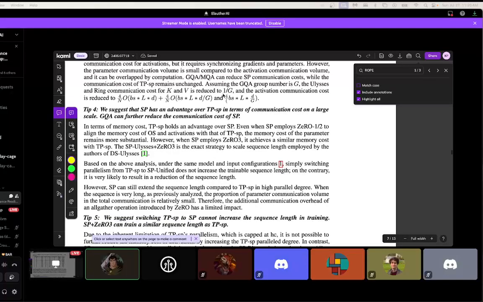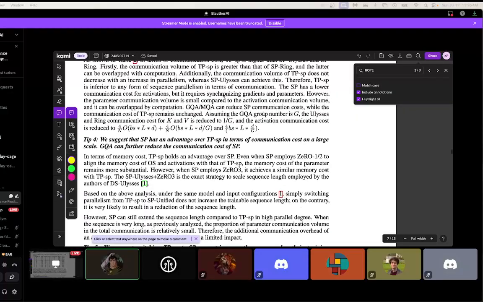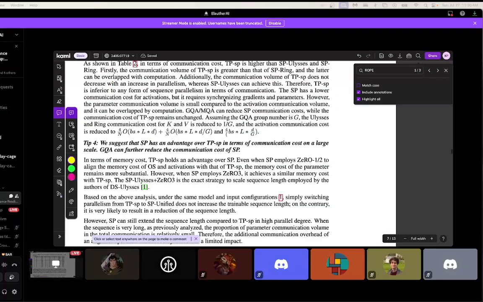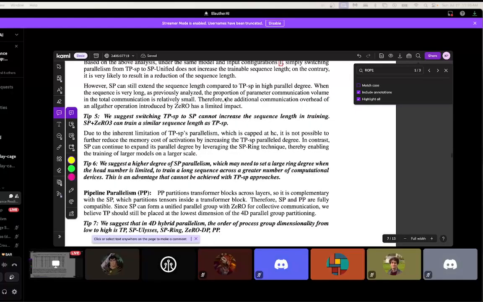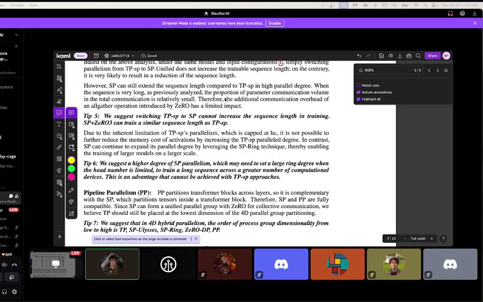What they're saying is they don't mention it in regards to the FFN. They talk a lot about TP here. From what I did in my implementation, I just go back to a combination of TP and SP.